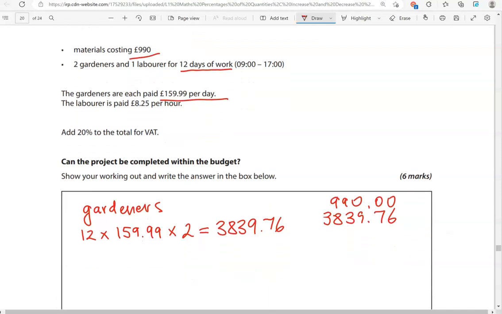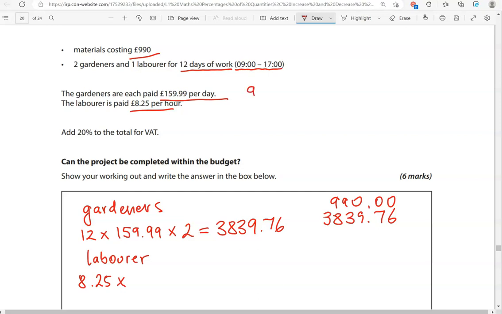Now for the labourer, they are paid £8.25 an hour. How many hours do they do?